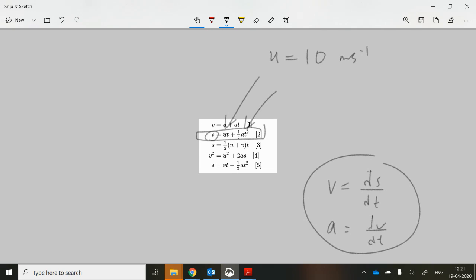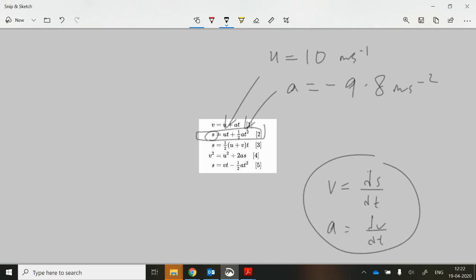So gravity is an acceleration. Now acceleration would be towards Earth, so it would be going in a different direction to the initial velocity. Now in physics you might use minus 9.81. We're going to use minus 9.8 here, again because it's going towards the ground, meters per second squared.